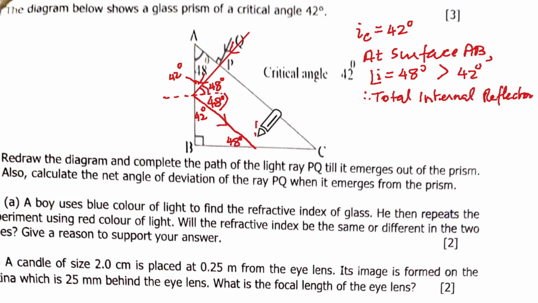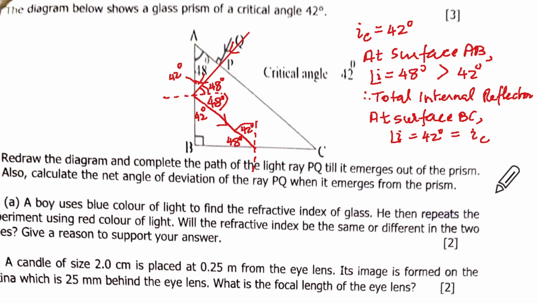Now you will show the vertical line here to show the normal. And here this will be 42 degrees. Then what you'll write over here is at surface, angle i is equal to 42 degrees, which is equal to the critical angle. Can you see that?